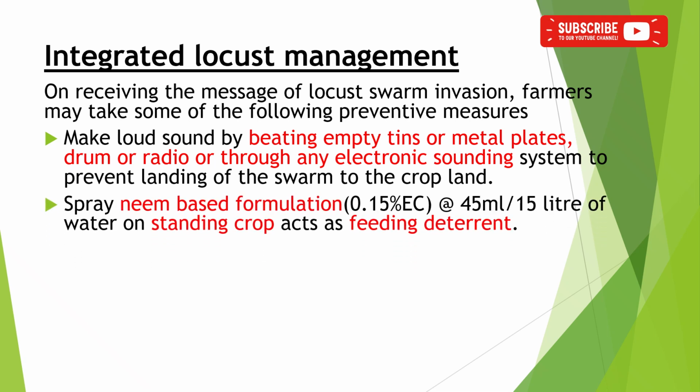Spray a neem-based formulation of 0.15% EC at the rate of 45 ml per 15 liters of water on the standing crop, which acts as a feeding deterrent, thereby avoiding feeding of the crop by locusts.